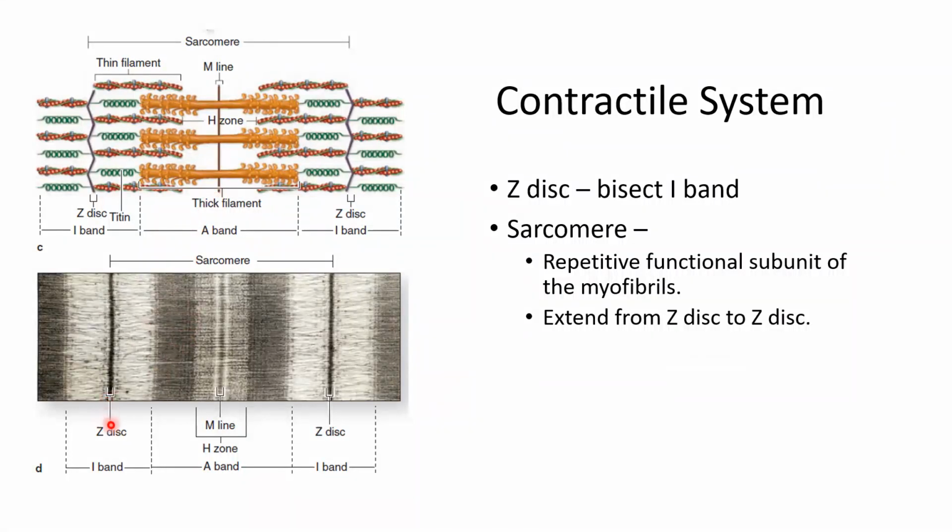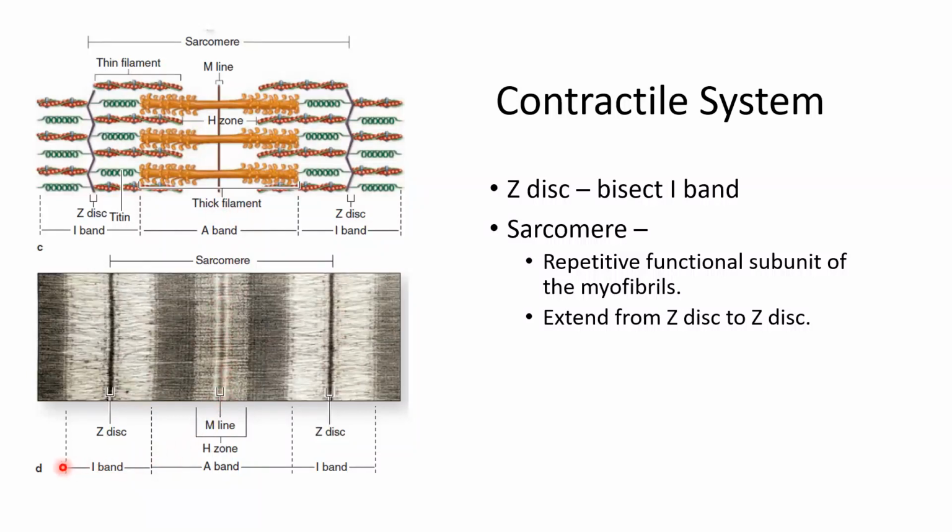So here you can see the Z discs to which the thin filaments are attached. A sarcomere is described as the space between the Z discs. Then you have the M line to which thick filaments are attached.